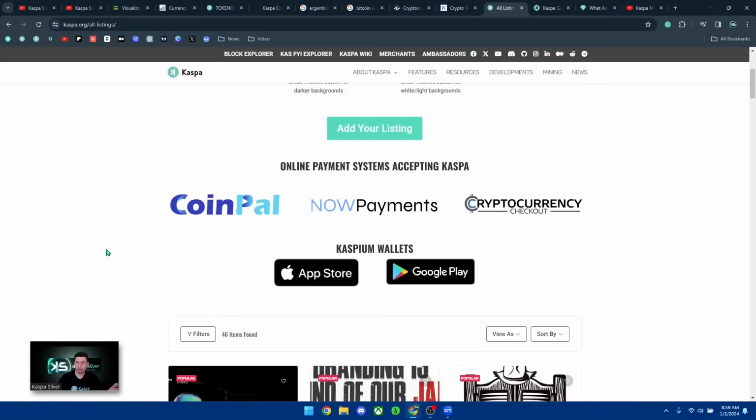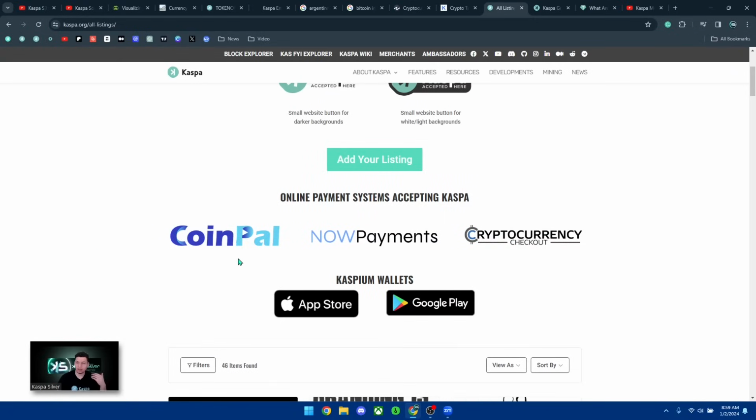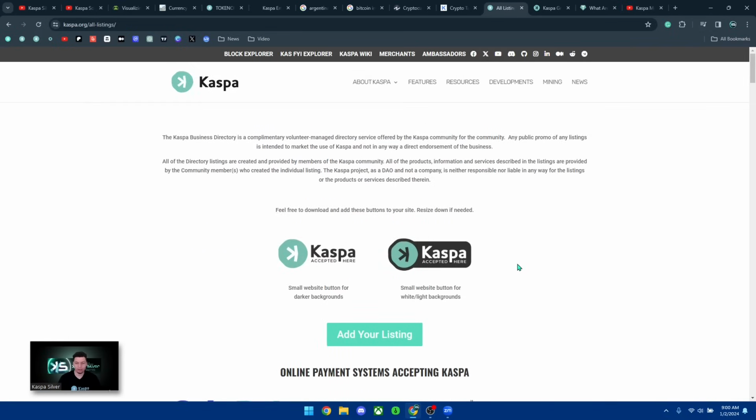Just recently as well, we have payment systems that are accepting Kaspa like CoinPal, NOWPayments, and Cryptocurrency Checkout. These things allow the integration of Kaspa for online stores to become easier. So there is work on Kaspa getting accepted in different countries and being used as an actual currency.